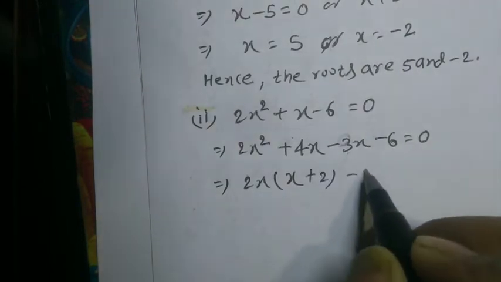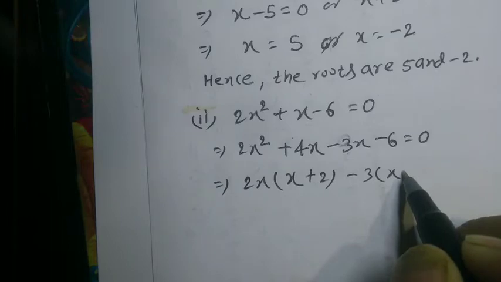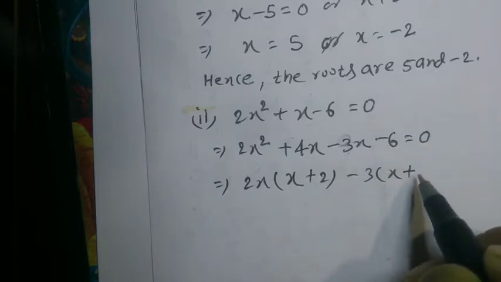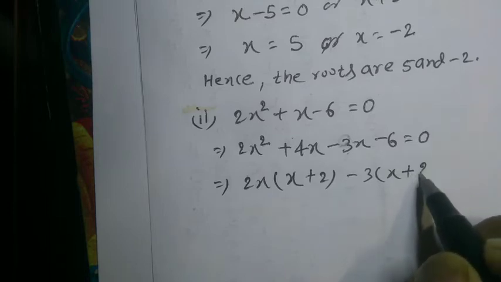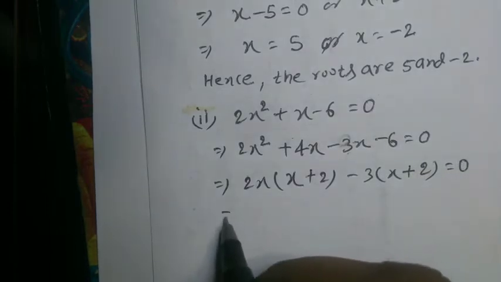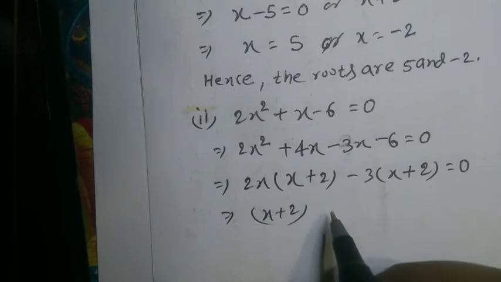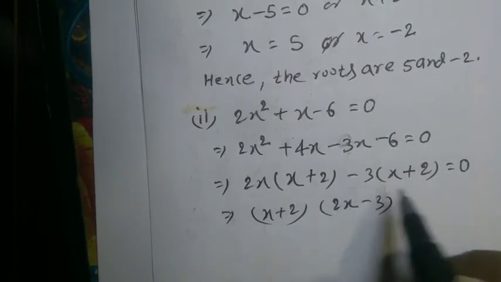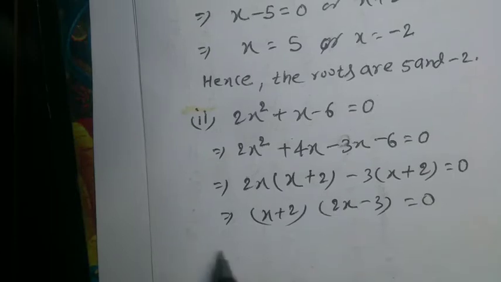Minus 3 is common, then x times minus 3 gives minus 3x and minus 3 times 2 gives minus 6. Implies x plus 2 common, then we get 2x minus 3 is equal to 0.